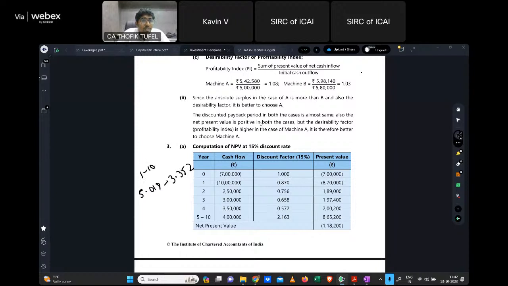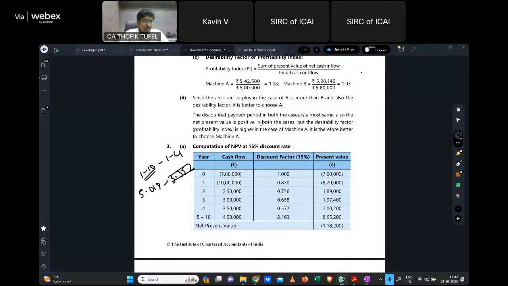1 to 10 years minus, because you want 5 to 10, right? So you have to first find the annuity factor for 1 to 10 years, and then 1 to 4 years alone you have to minus, not 1 to 10 years. So 3.352 will not come. 1 to 4 years, because it is 5 to 10. So 1 to 10 and then 1 to 4 you have to reduce, then you will get 5 to 10 years.